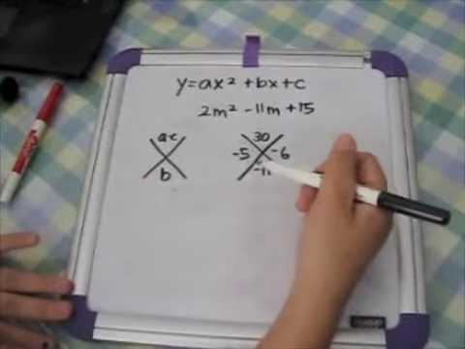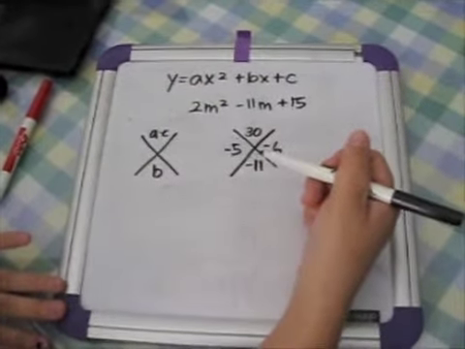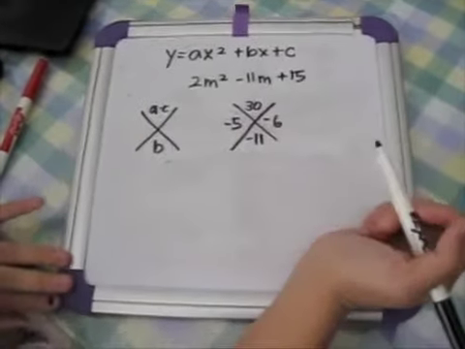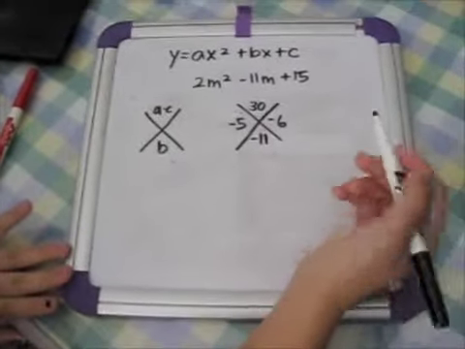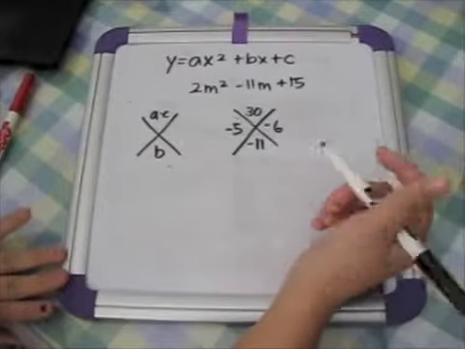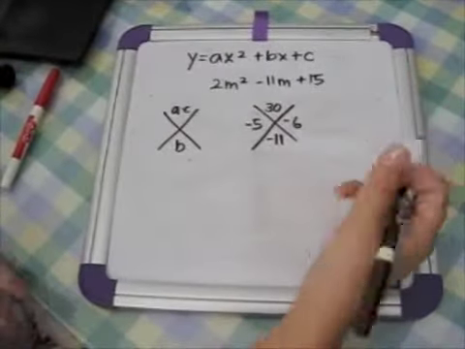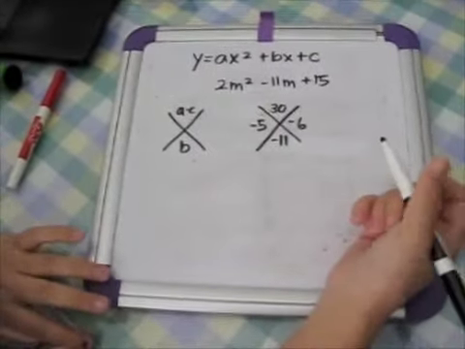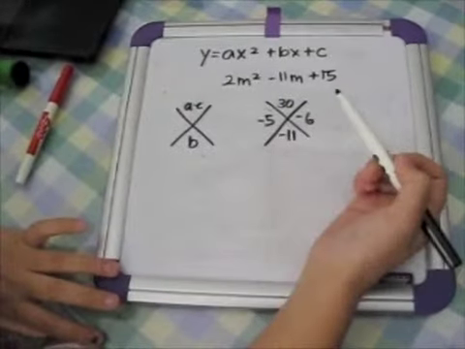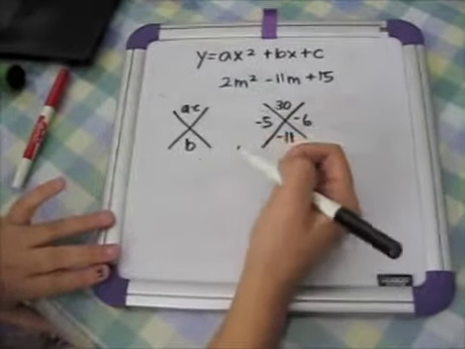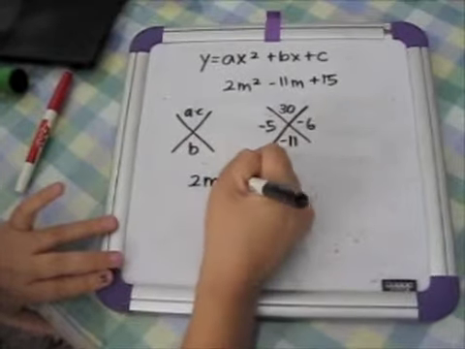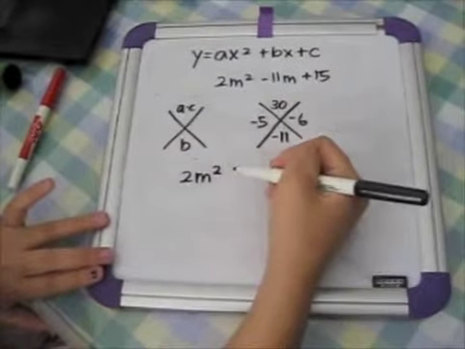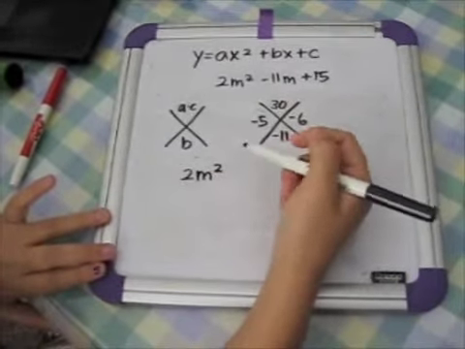Now that we have found these two numbers, we will rewrite our quadratic equation to factor with the ladder method. I am going to keep the quadratic and constant term the same. However, I will rewrite my linear term. So the quadratic term stays the same at 2m squared. The linear term will be rewritten into two parts.